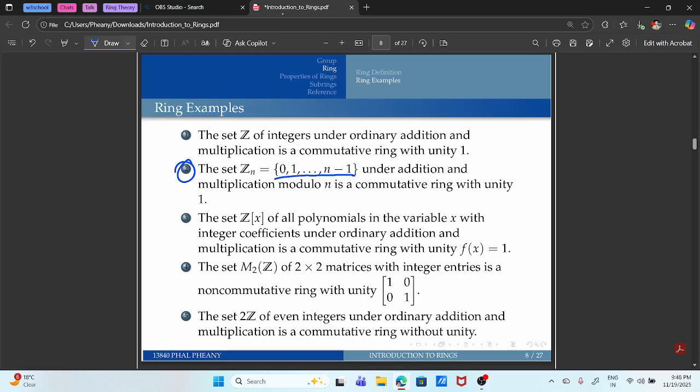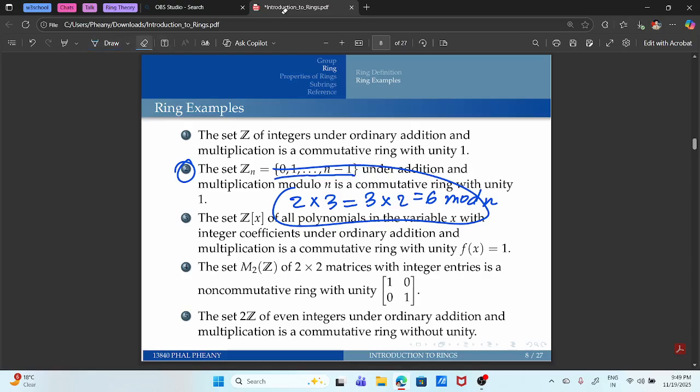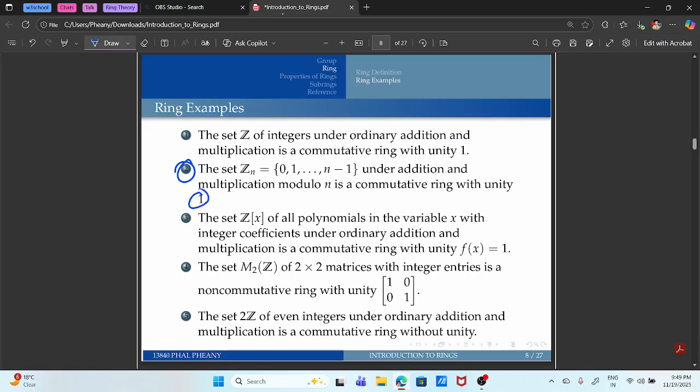We used to say 2 times 3 equals 3 times 2 equals 6, but modulo n. This is an abelian group under addition because it is a ring. And it has unity also, which is 1.